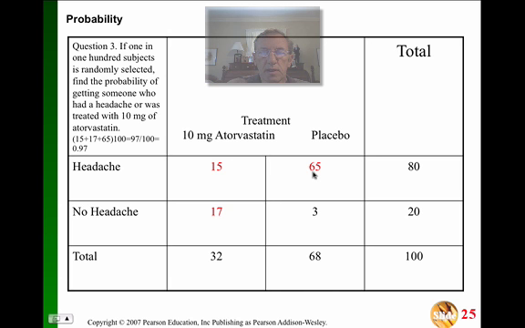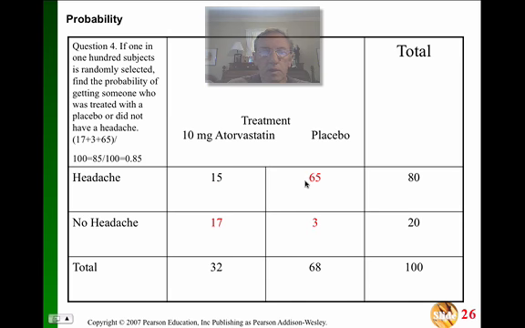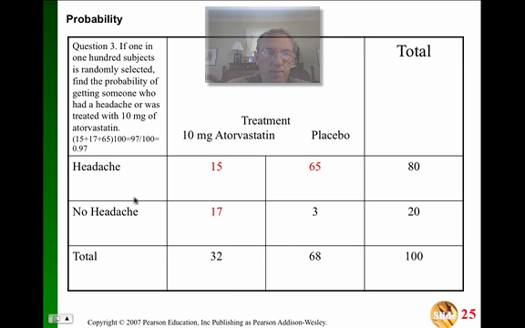So that's 97. So 97 subjects had a headache or were treated with medication. Here they had both, but that's okay, we can count that one time. So 15, 17, 65 over 100 is 97 over 100, is 0.97.